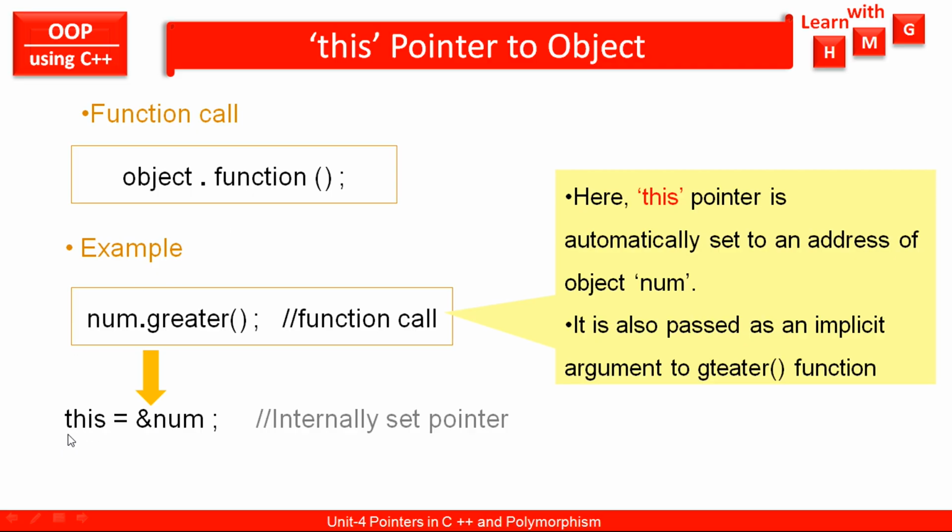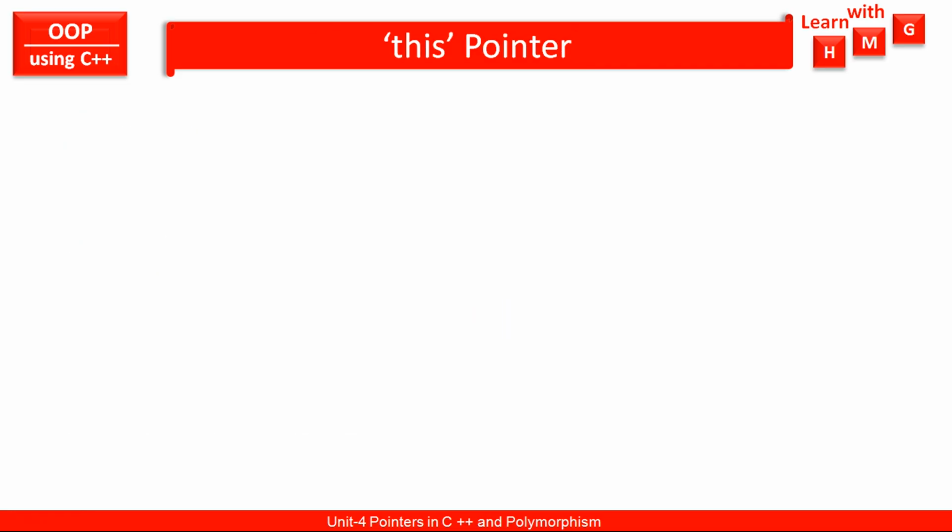So in this way this pointer is initialized with the address of the num object, which is the calling object in this particular example. So this operation is internally done, automatically done. It is not required to explicitly initialize this pointer like this. This is only for your understanding, that is whenever num.greater function is called, internally this pointer is initialized with the address of the num object. So in this way this pointer is set to the calling object.